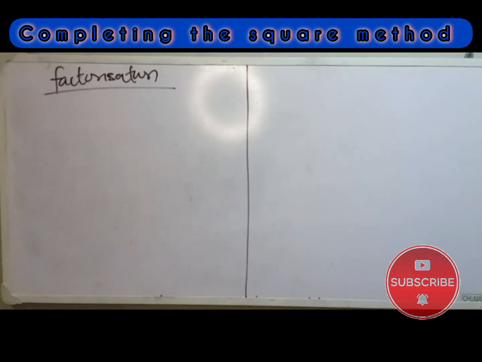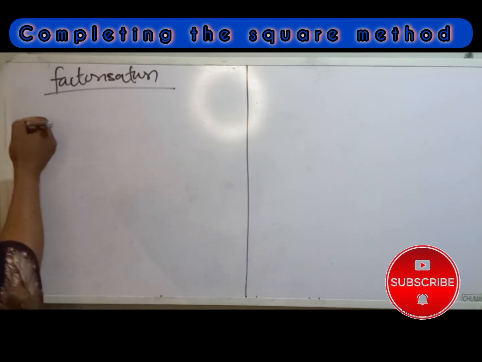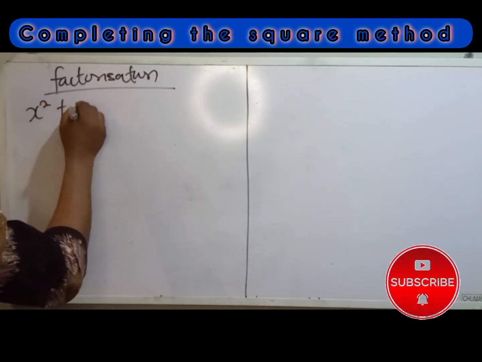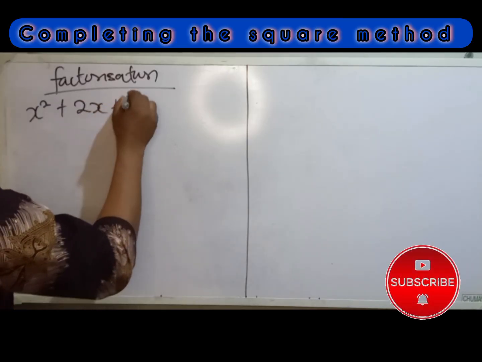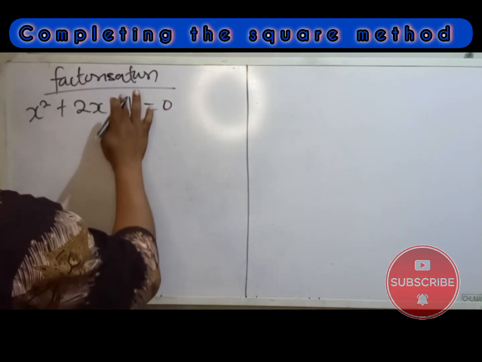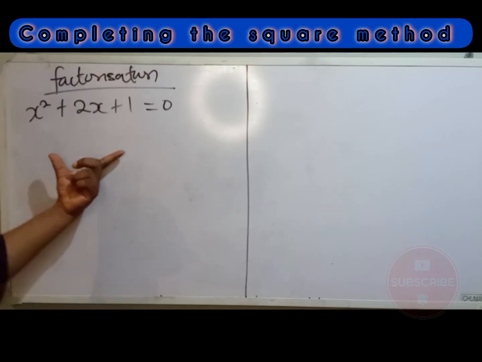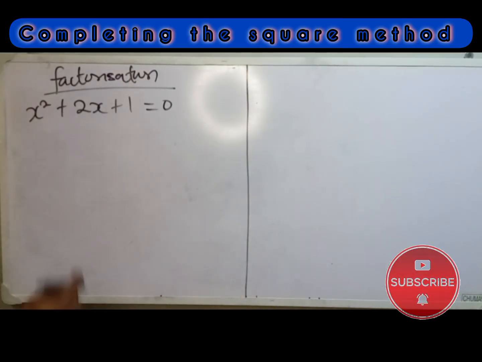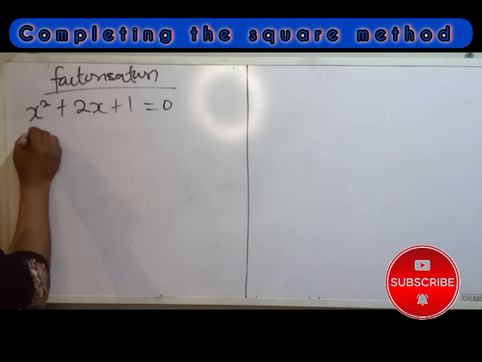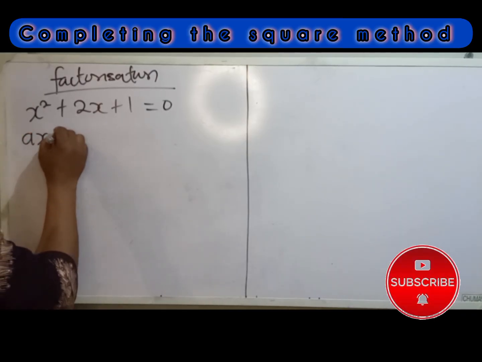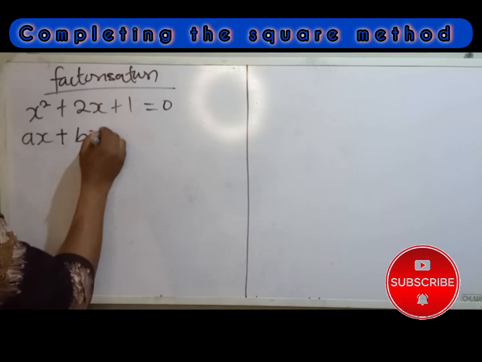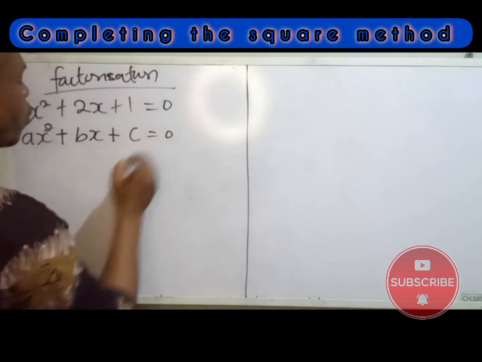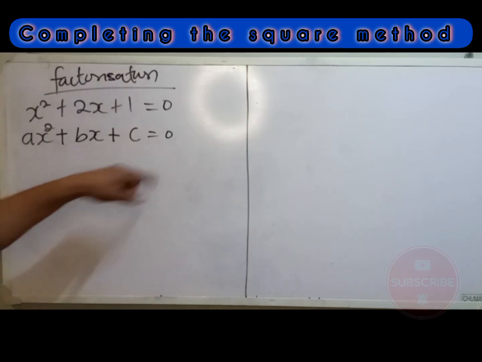We'll take a question here: x squared plus 2x plus 1 equals 0. This is a very good example of a quadratic equation, because it is very similar to the general form of a quadratic equation that was written earlier.